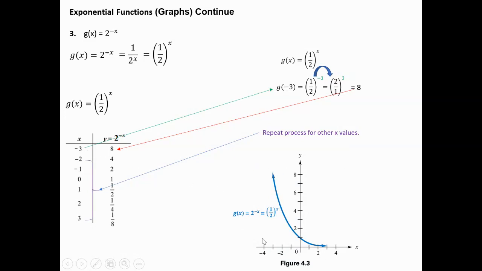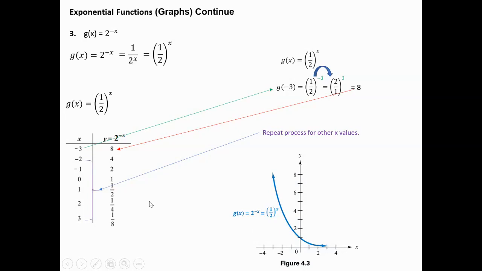So when x is -3, my y will be 8. When x is -2, if you follow the arrow, my y will be 4. If x is -1, it's going to give us 2. When it's 0, it's going to give us 1. When it's 1, it's going to give us 1/2. Eventually, as the x values get larger, it's going to get closer and closer to 0.